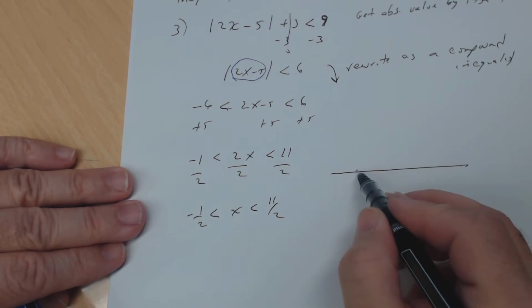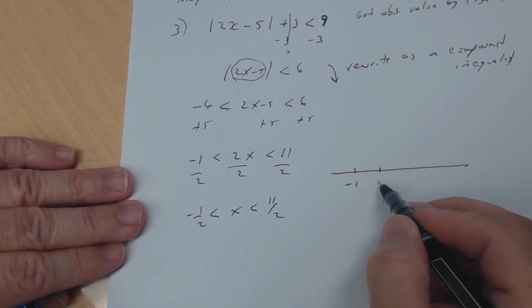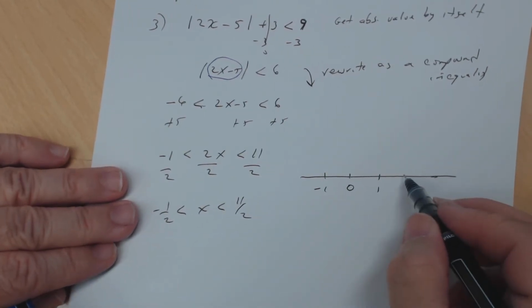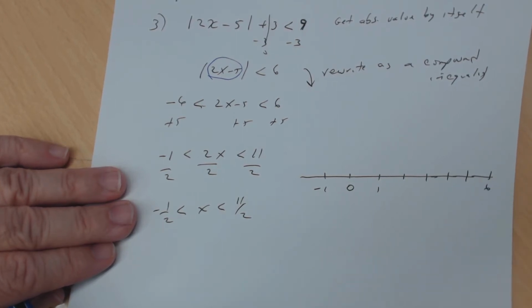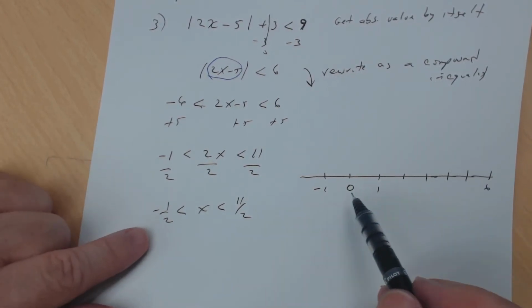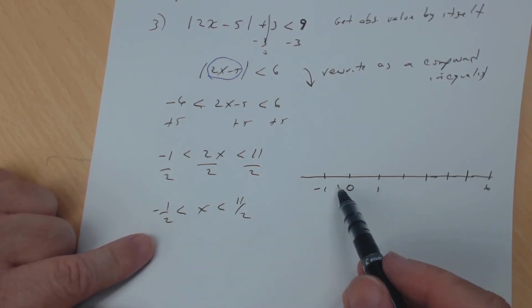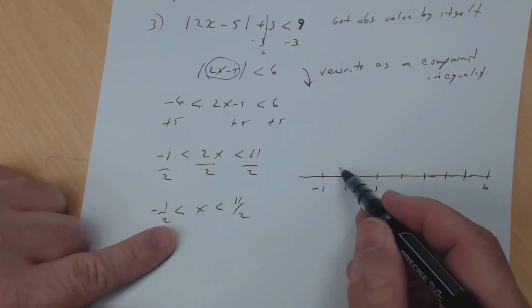In terms of the graph, let's say this is negative 1, this is 0, this is 1, 2, 3, 4, 5, 6. Negative 1/2 is between negative 1 and 0, in the middle. I'm going to use a parenthesis because there's no equal sign.